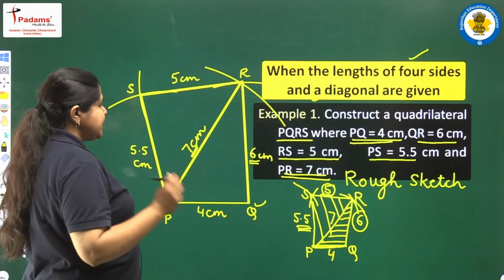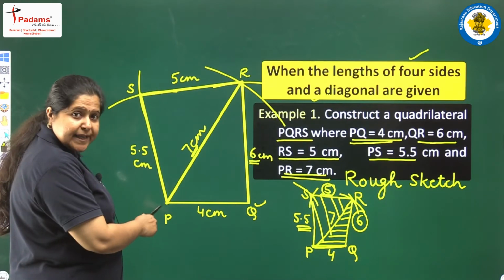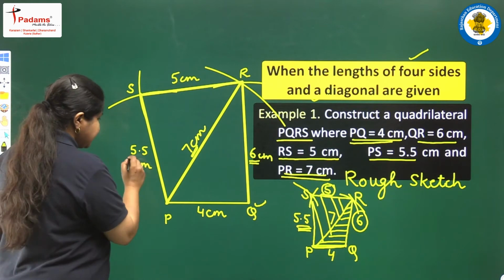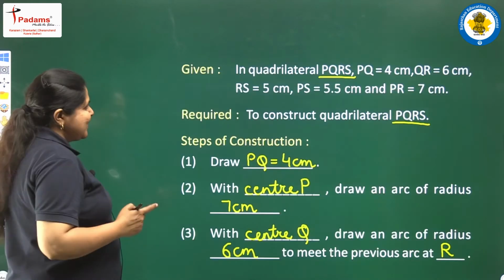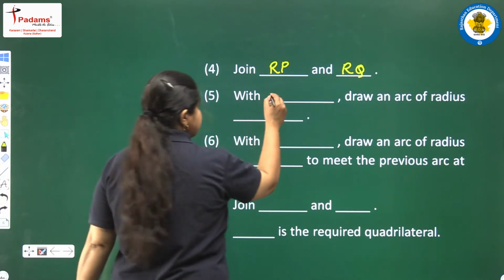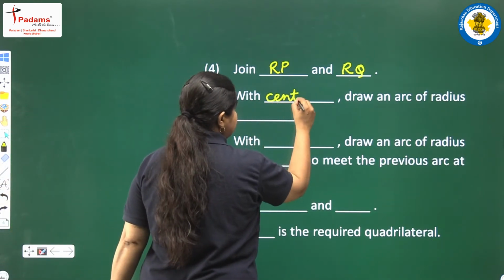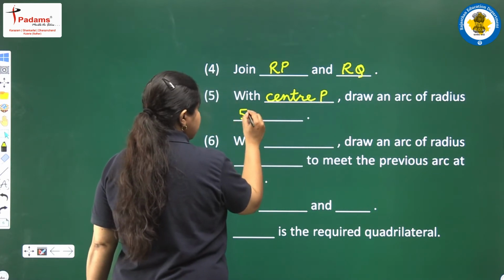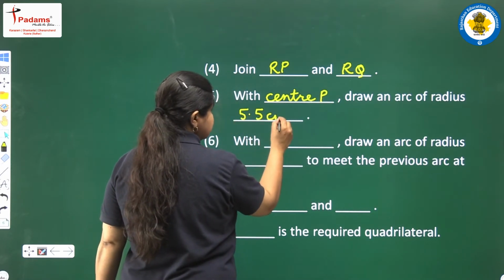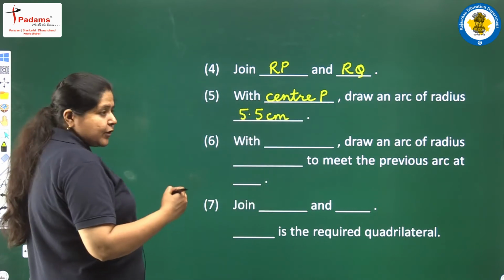Then what next we did was, again taking P as the center and radius 5.5 centimeter, draw an arc. So here we will write, with center P, draw an arc of radius 5.5 centimeter. Then next what we did?